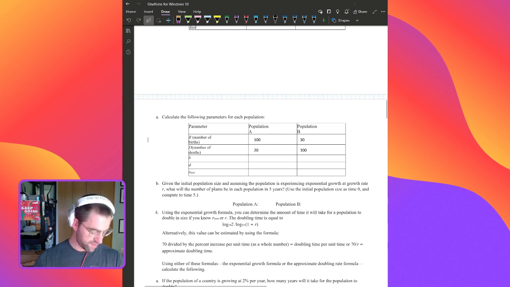So let's see if we can suss this out. So our change in the number of individuals. Hang on 1 second.